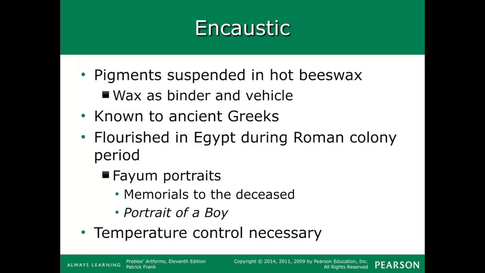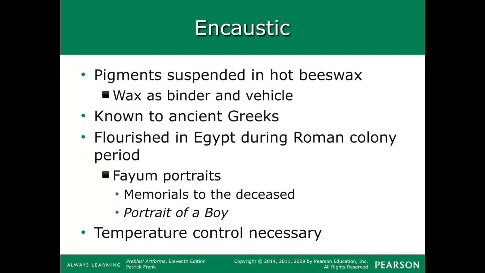And now we're going to talk about another type of painting, encaustic. Encaustic is when the painters are using hot beeswax. Beeswax is used as a binder and also the vehicle, known to ancient Greeks.